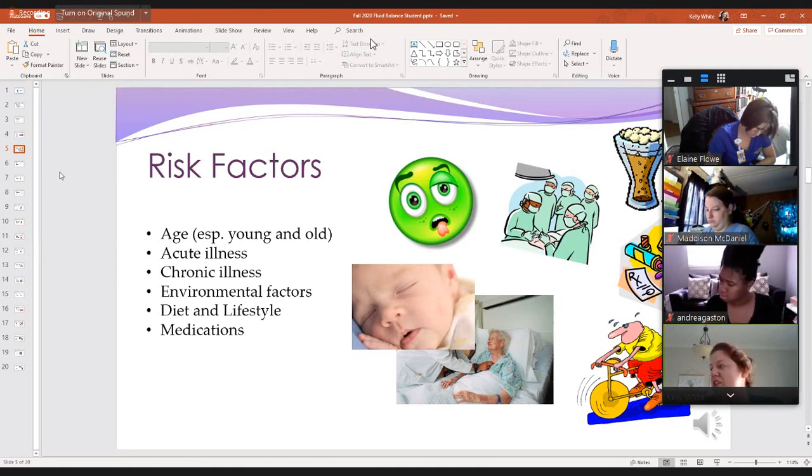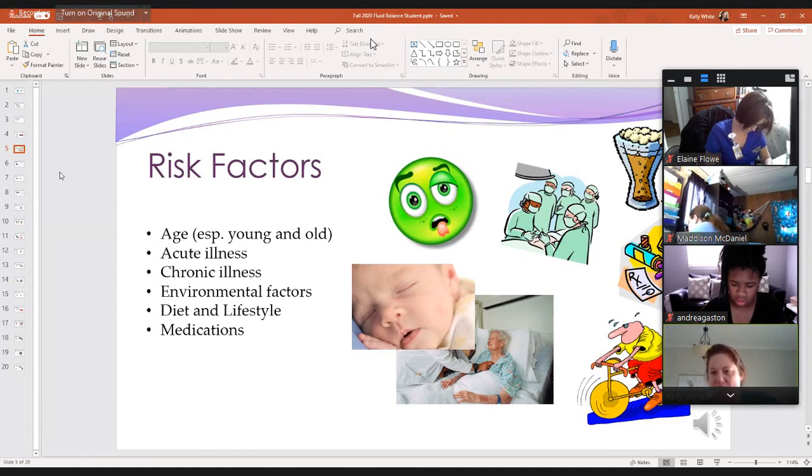The same with the elderly, their body weight doesn't make up as much with water. There's not as much water in their system. So when they lose fluid, it affects them more because they don't have the same amount that we would have anyway.